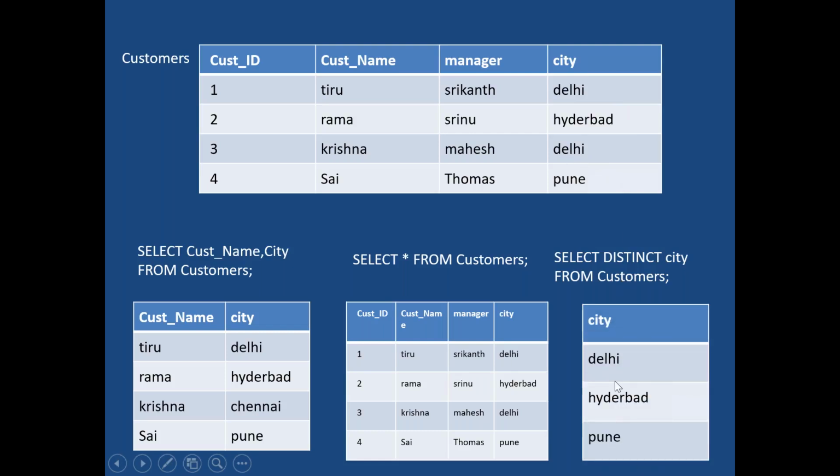Distinct city means unique values from the city column; city is a column name. Distinct city means in the city column, distinct values I need, unique values I need. That is the meaning. Clear? These three are clear to all of you.